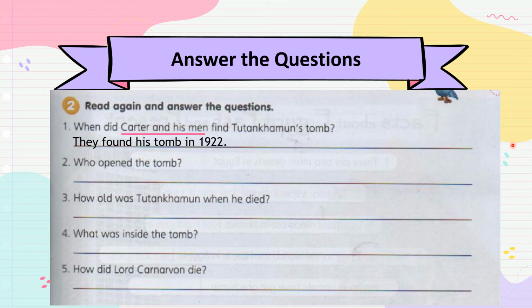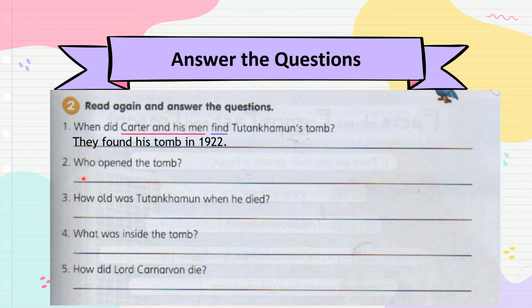Okay, find. Kenapa kat sini jadi found? Okay, sebab the word did. Did ni telah. Okay, menunjukkan telah berlaku. Jadi, bila untuk jawapan, awak kena tulis past simple. Found. Okay, find akan jadi found. So, the answer is they found his tomb in 1922.